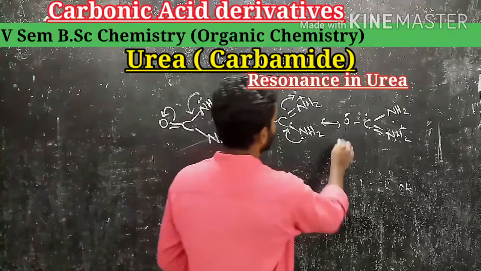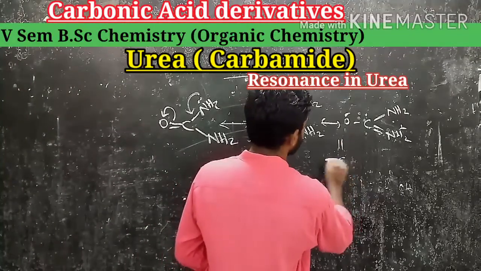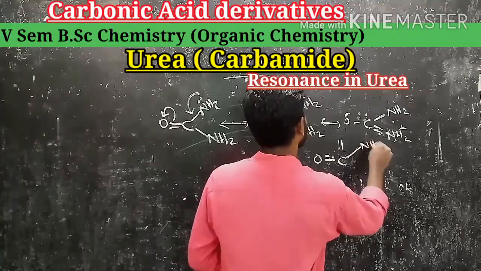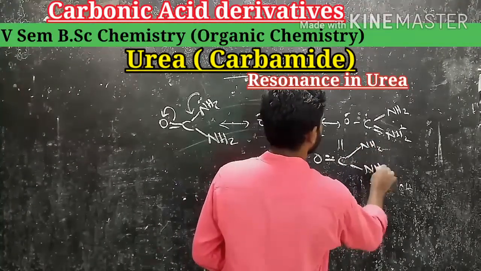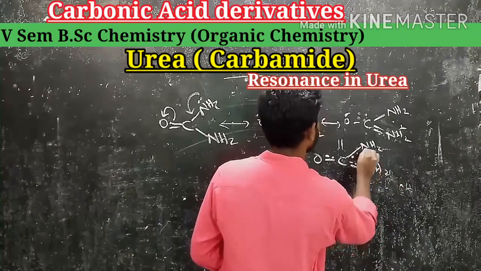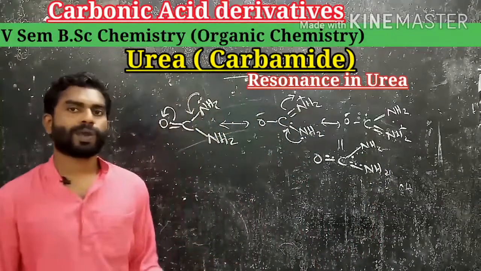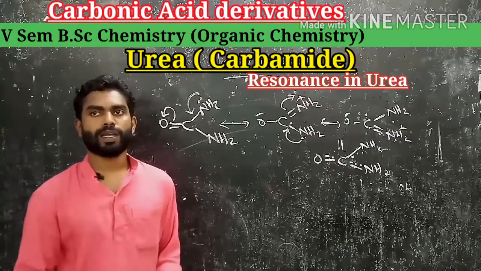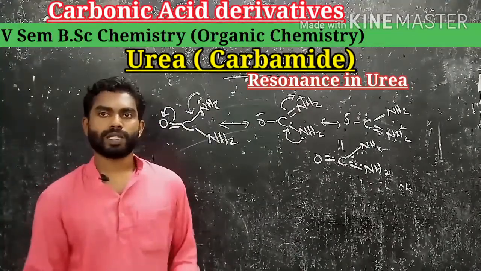Okay, we will get a combined resonance structure, CO NH2. This is a CN bond in between single and double bond, a resonating structure. Okay.